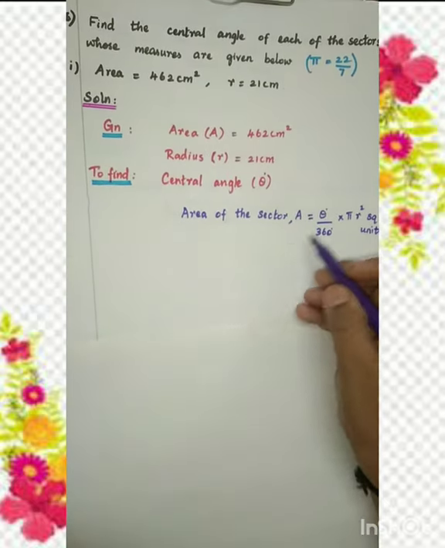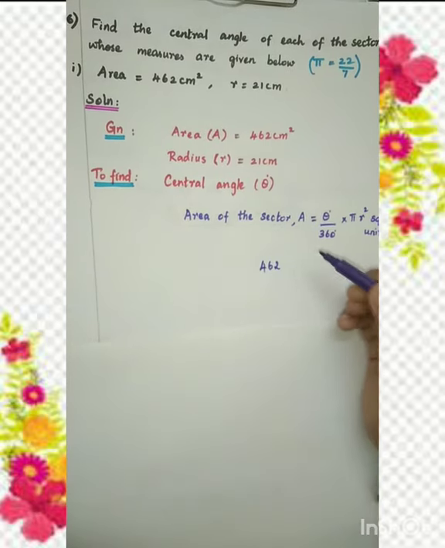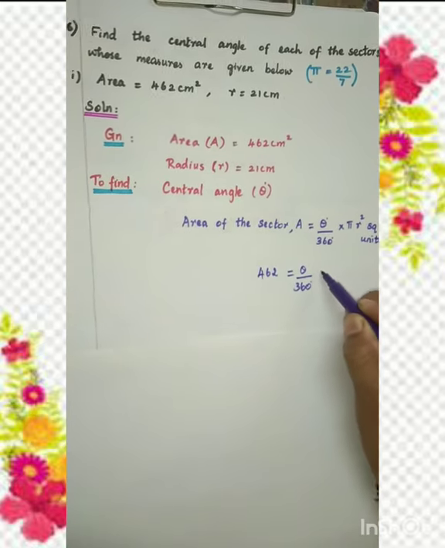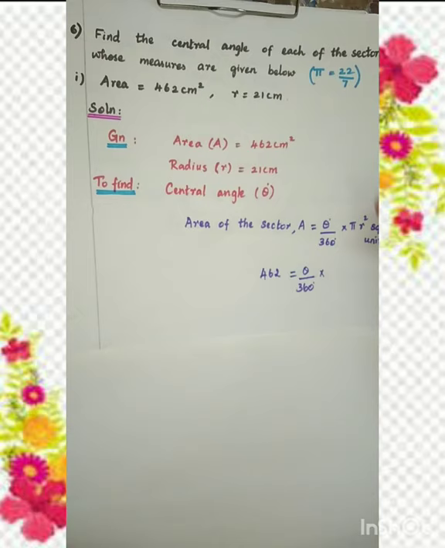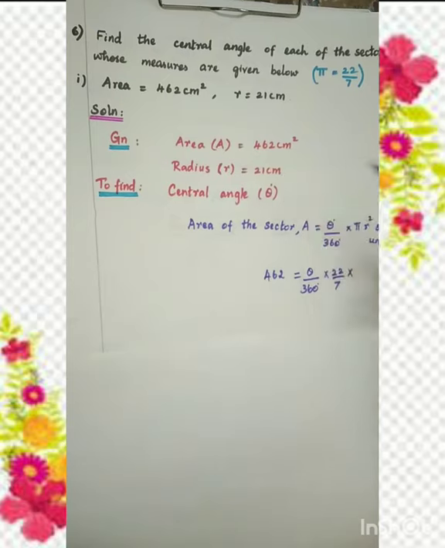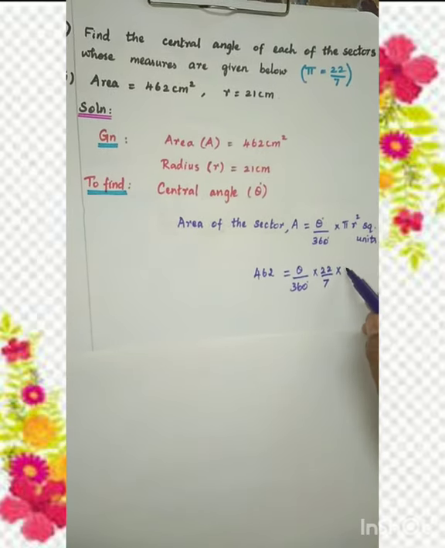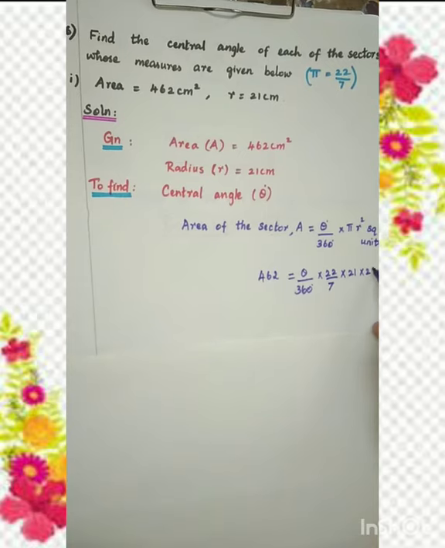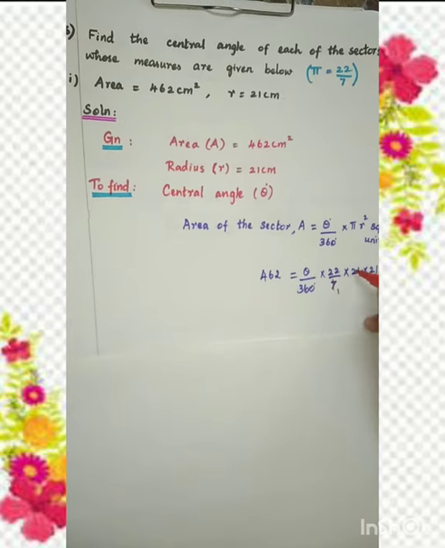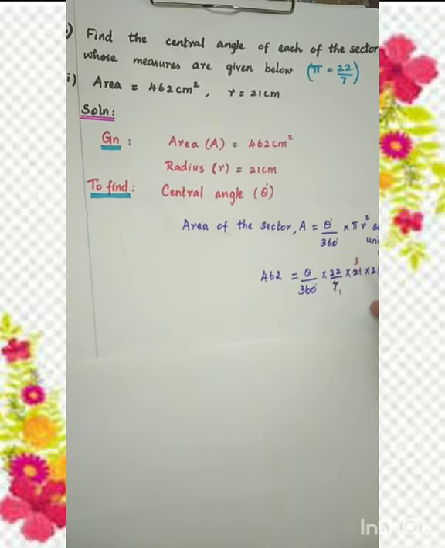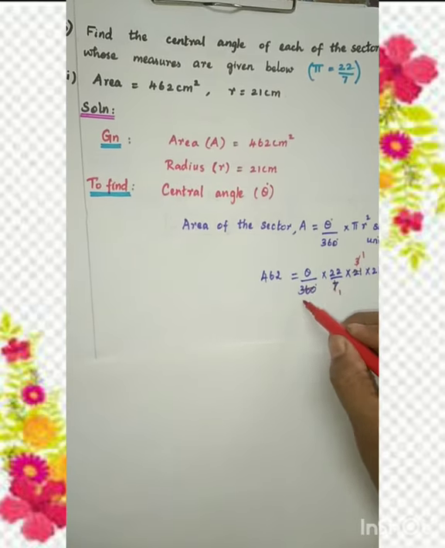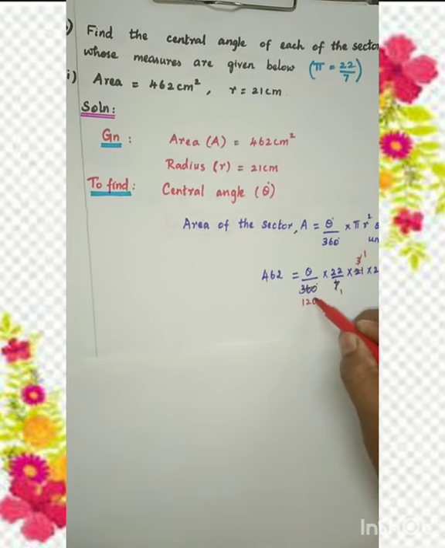That is, area 462 equal to theta by 360 degree into pi value 22 by 7 into radius 21 centimeter. Here r square is given, so we multiply 21 into 21. Now we cancel: 7 ones are 7, 3 sevens are 21. Again we can cancel with the 3 table: 3 ones are 3, 12 threes are 36, and 0 is there.